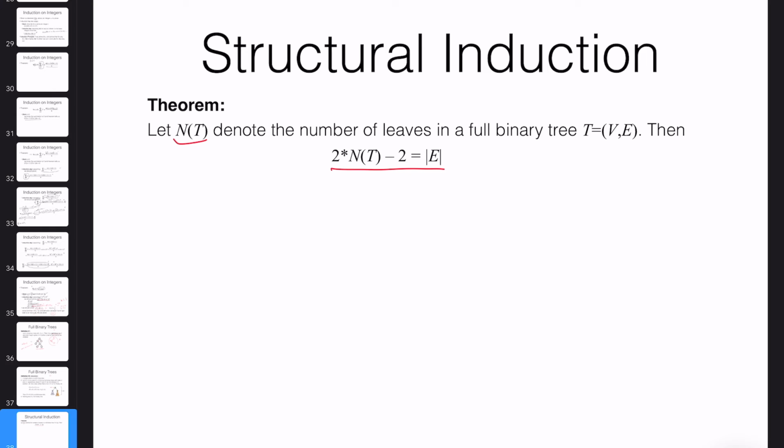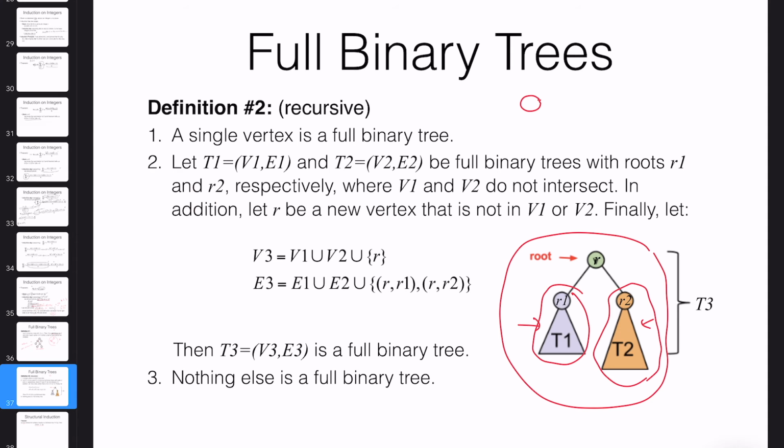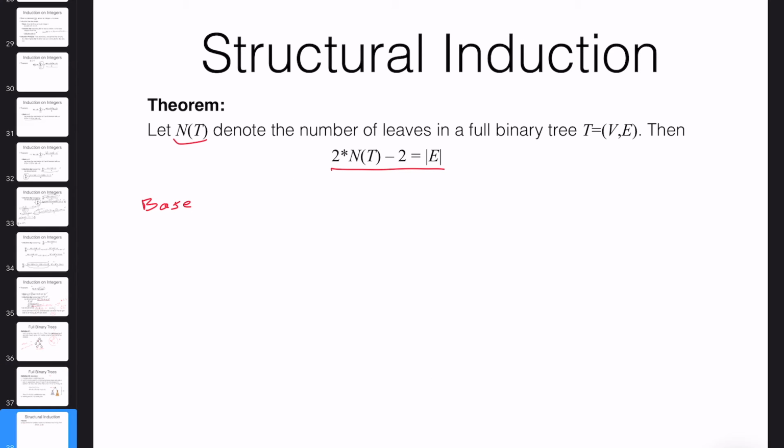The base case, where you prove the theorem for the base. The base of your definition of a full binary tree is that the simplest full binary tree is a tree with exactly one node. This is going to be the basis of our structural induction.